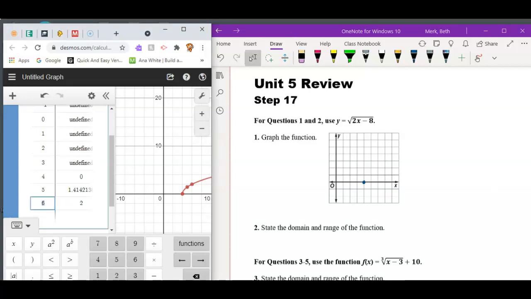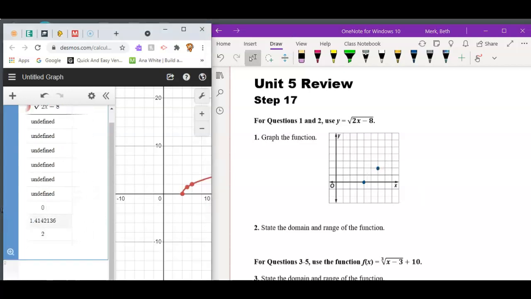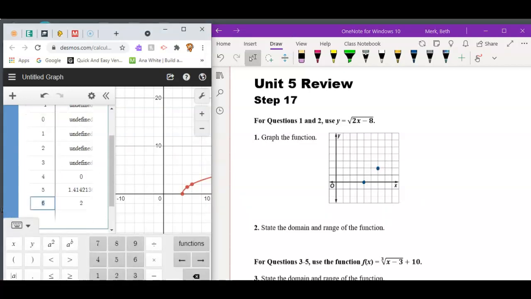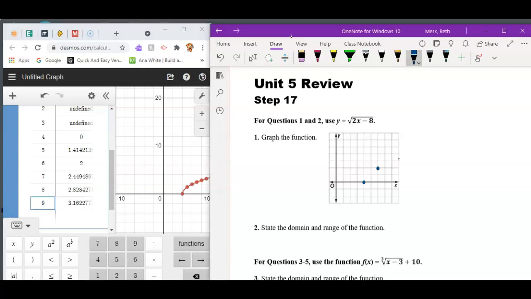And then I have the point 6, 2, which is another pretty nice point. Seven, 8, 9, and that's the end of my graph right there. So 9, 3.16, I'll approximate it. And that'll give me enough points to get the general shape of this curve.